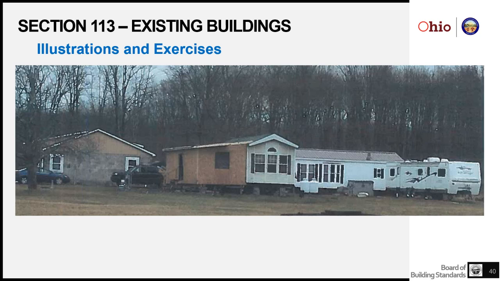But what I found interesting about this picture is they have the house on the left, which is probably a stick-built or a modular home that is regulated by the residential code. They have the park trailer in the middle that isn't. They have what appears to be a third house in the back, which may be a mobile home or a manufactured home, which is outside the rules of the board.